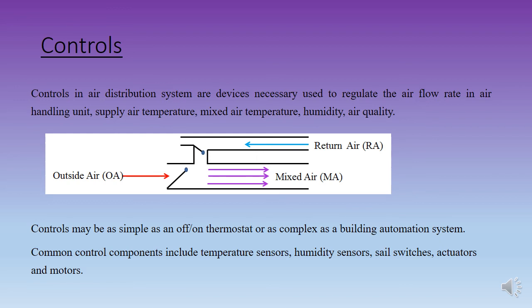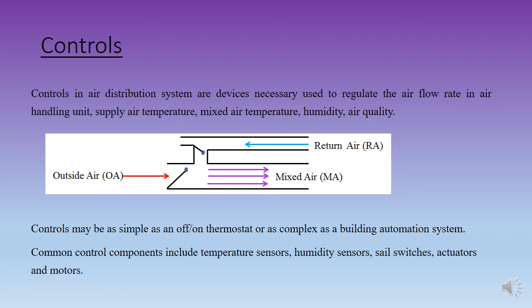Alright, let's now look at the control of ADS. Control is needed to regulate the airflow rate in the air handling unit, supply air temperature, mixed air temperature, humidity, and also the air quality. Control may be as simple as an on and off thermostat, or as complex as a building automation system.